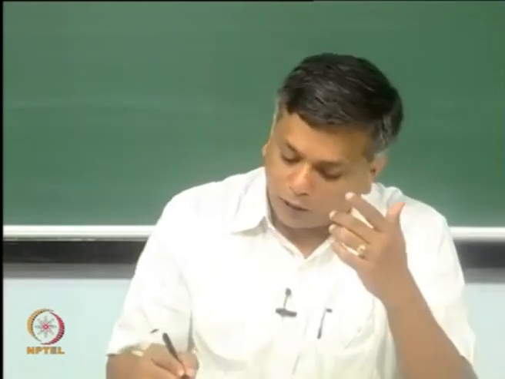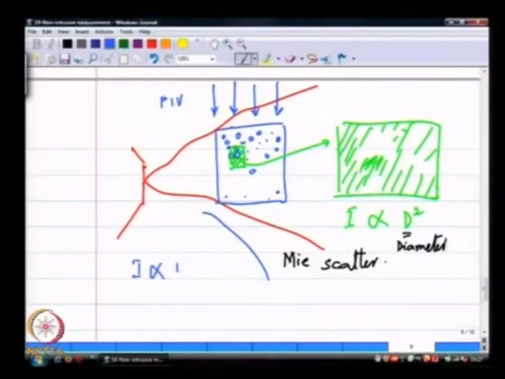So, from that, if I take this I proportional to d squared, I can now convert this to I being of the form k times d squared. So, k is a calibration constant.